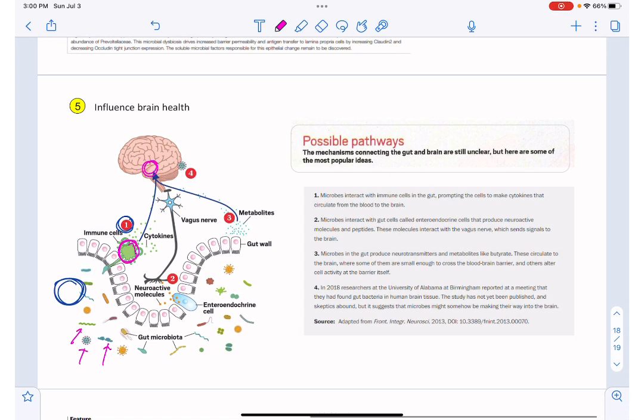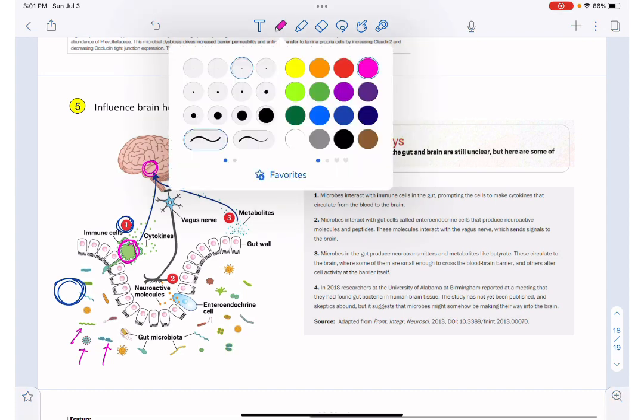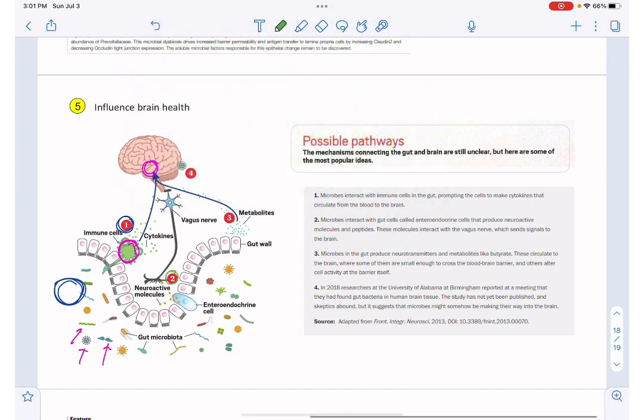The second thing that might be going on is that these microbes are interacting with epithelial cells of the gut called enteroendocrine cells. And maybe you remember that term, but enteroendocrine cells are cells found in the intestines that actually produce hormones, or what they're calling neuroactive molecules in this part.